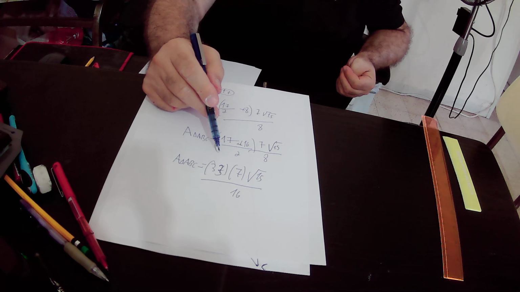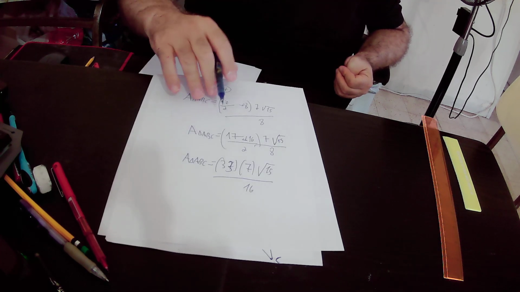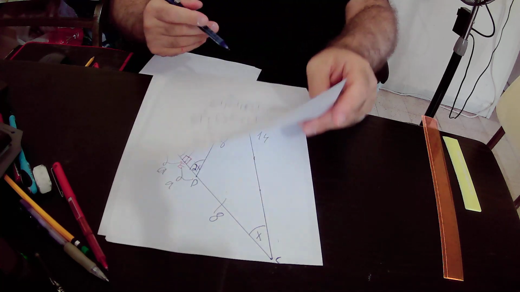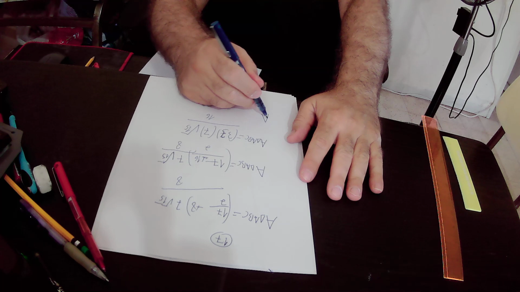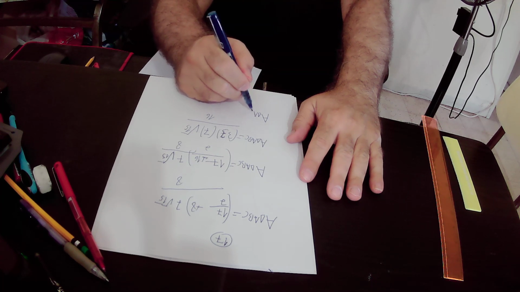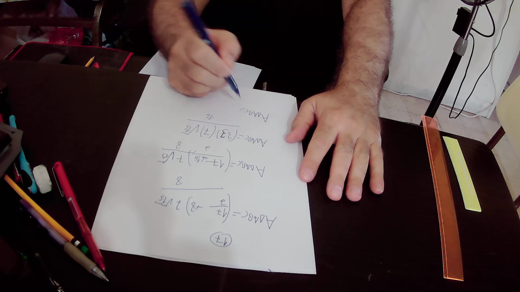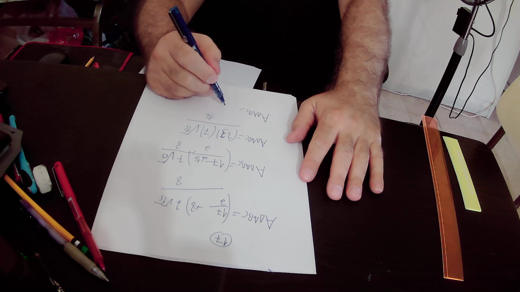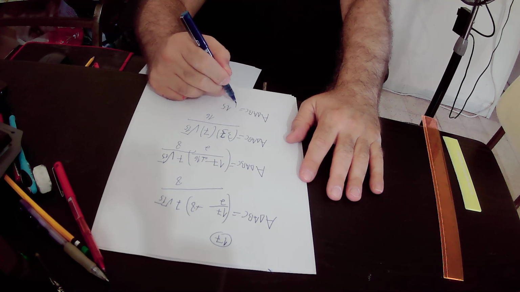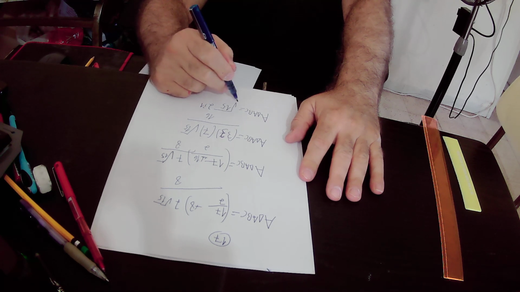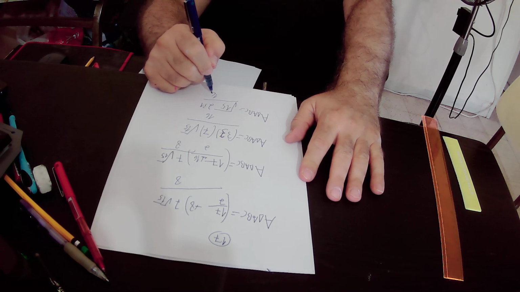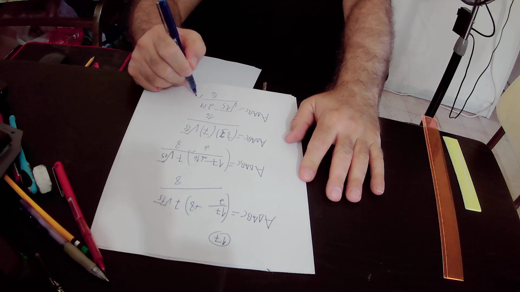33 times 7 is 231. So I will write it down. So the final answer for the area of triangle ABC is actually root 15 times 231 over 16 square units.